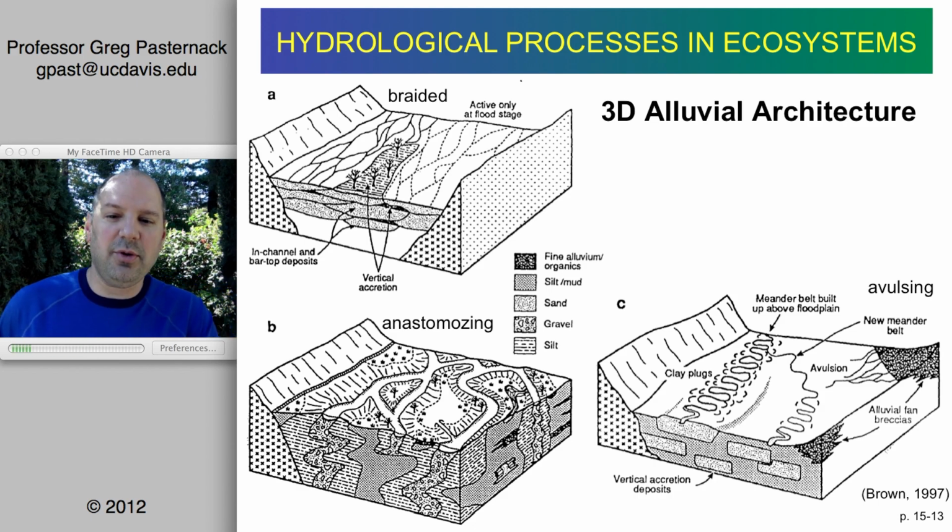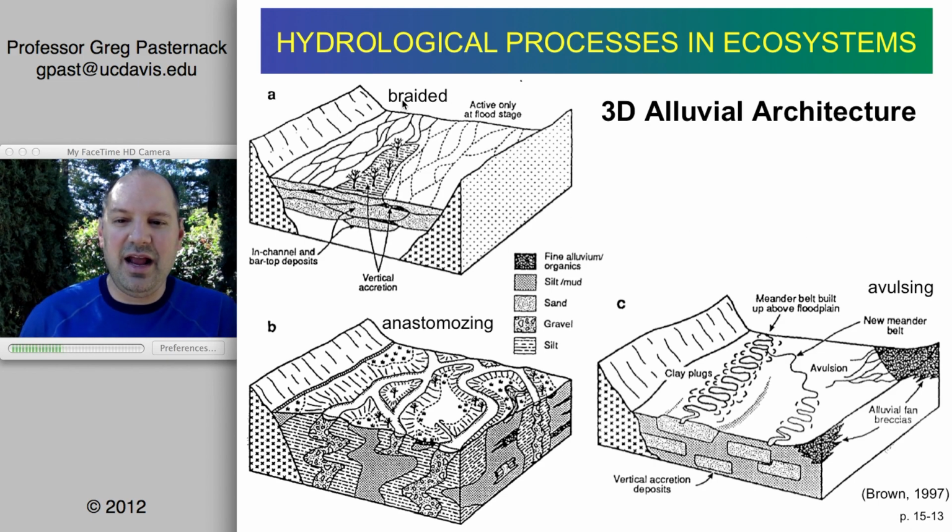And there are three typical ones again. So there's the braiding context, there's meandering, and meandering could include avulsion, and then there's the anastomosing channel, which has those multiple threads but connected into a network.